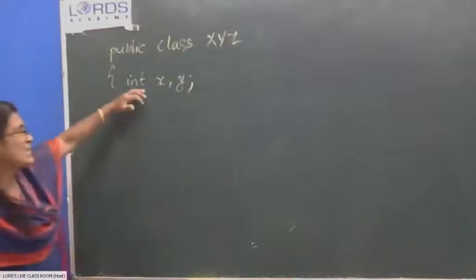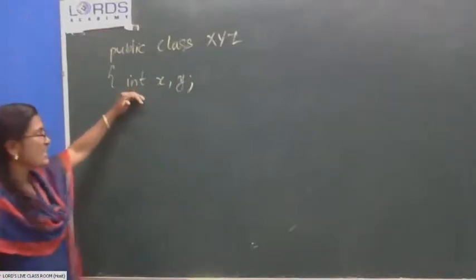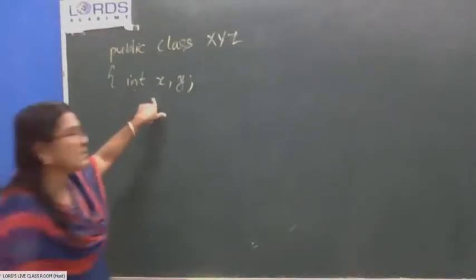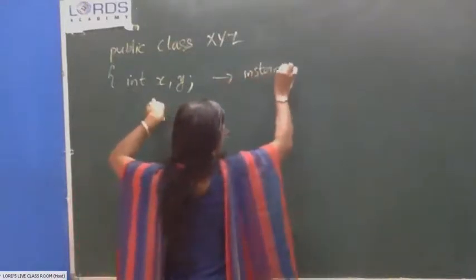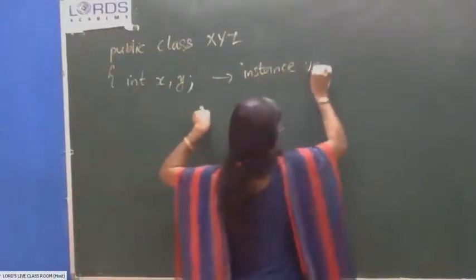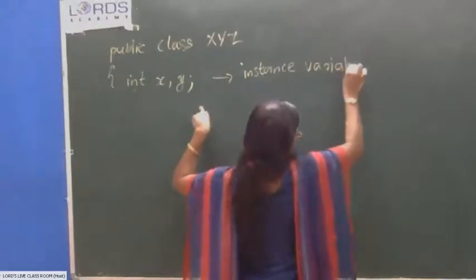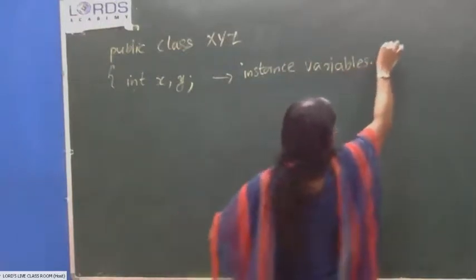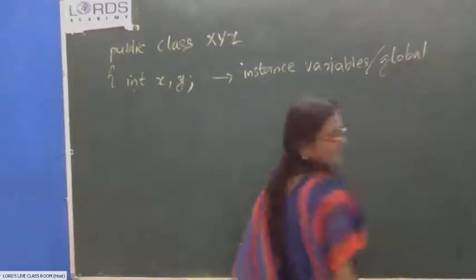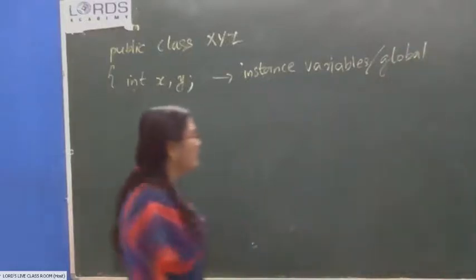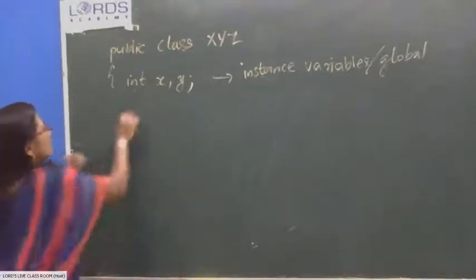See, these variables are declared at the beginning of the class. They are known as instance variables or global variables. Variables declared at the beginning of the class are global to all the methods in the class.